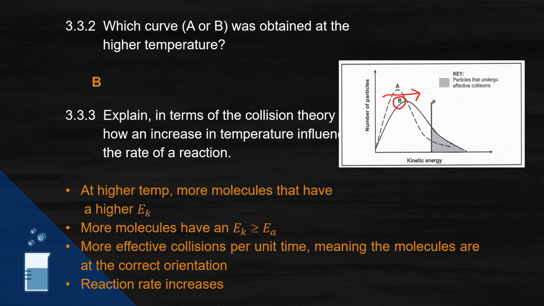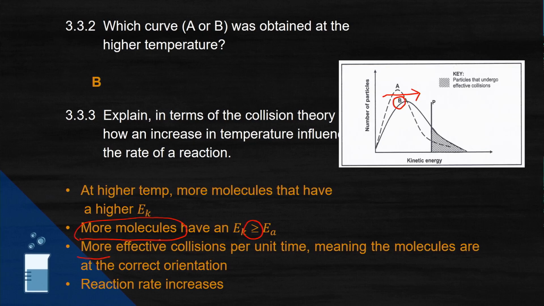So there are more molecules that have a kinetic energy that is equal to or greater than the activation energy. That means that more effective collisions happen per unit time, and effective collisions mean that the molecules are at the correct orientation. This increases the rate of reaction. So there we go, reaction rate increases.